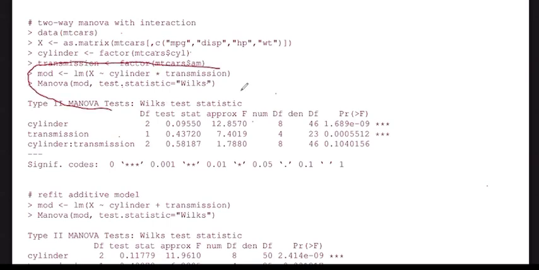Do you see this multiplication sign? That is for the one with the interaction. The one without the interaction is going to have a plus sign, which makes it an additive model.